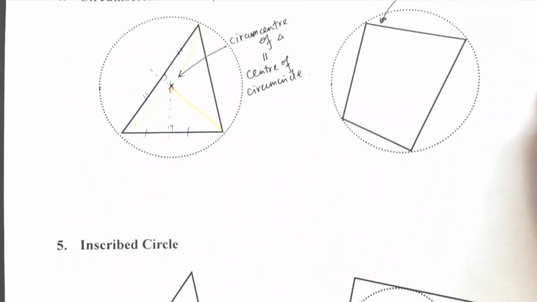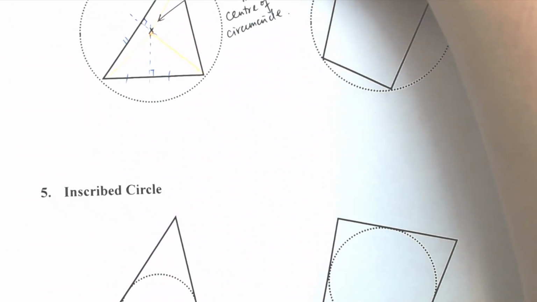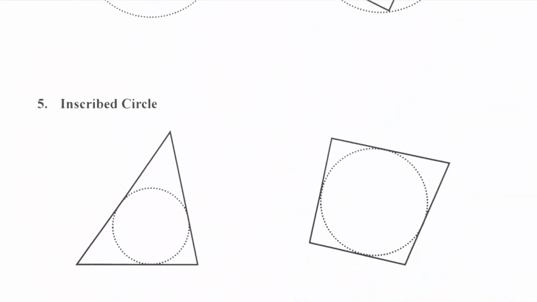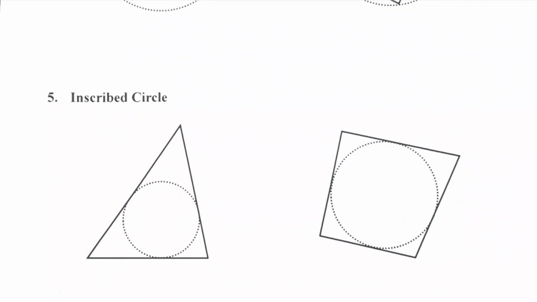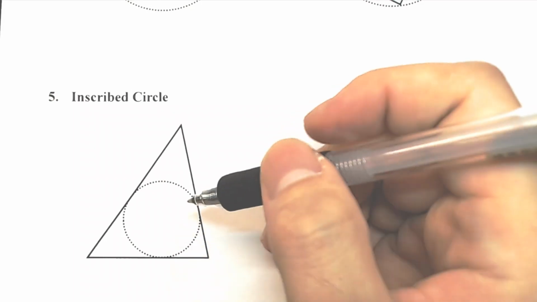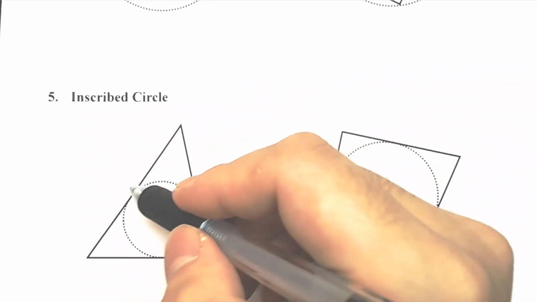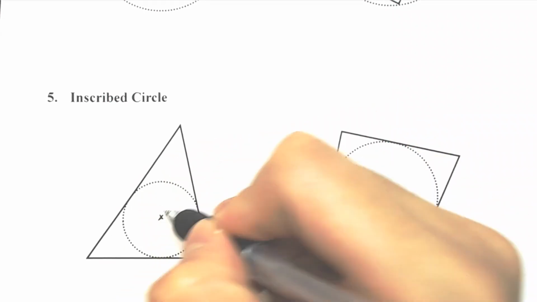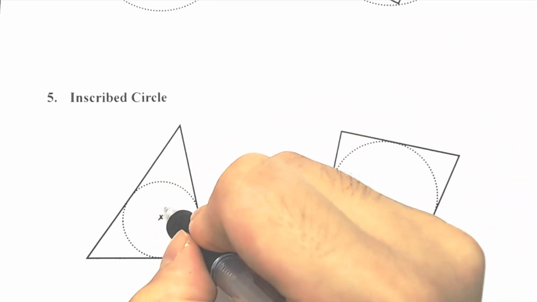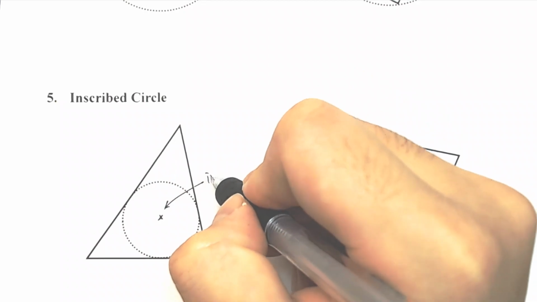The fifth one, we call it the inscribed circle. The inscribed circle means we draw a largest circle inside a polygon. And in particular, the circle touches every side of that polygon. And inside a triangle, for this circle, we must have a center, and this center is known as the incenter.